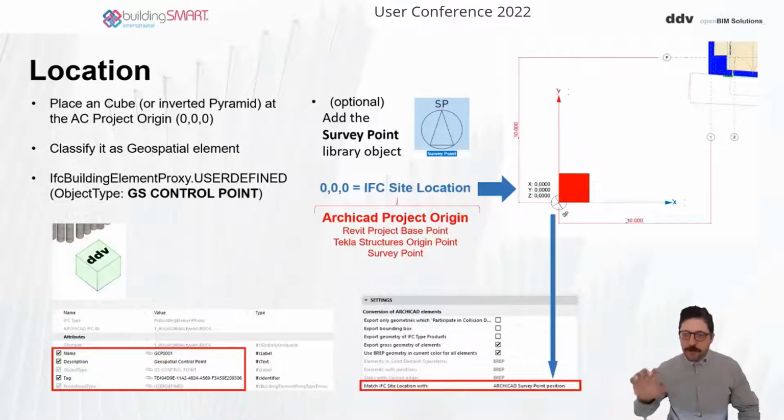You will be able to export that data in your IFC. So you should know that in order to do that, you have to define in your export translator this feature called ArchiCAD survey point position. This means you will export your model using this survey point object as well.